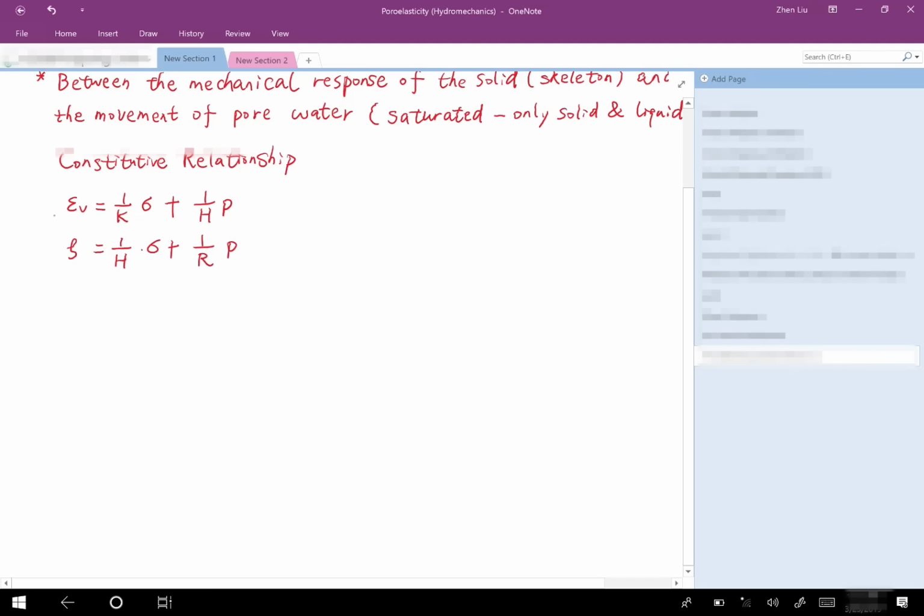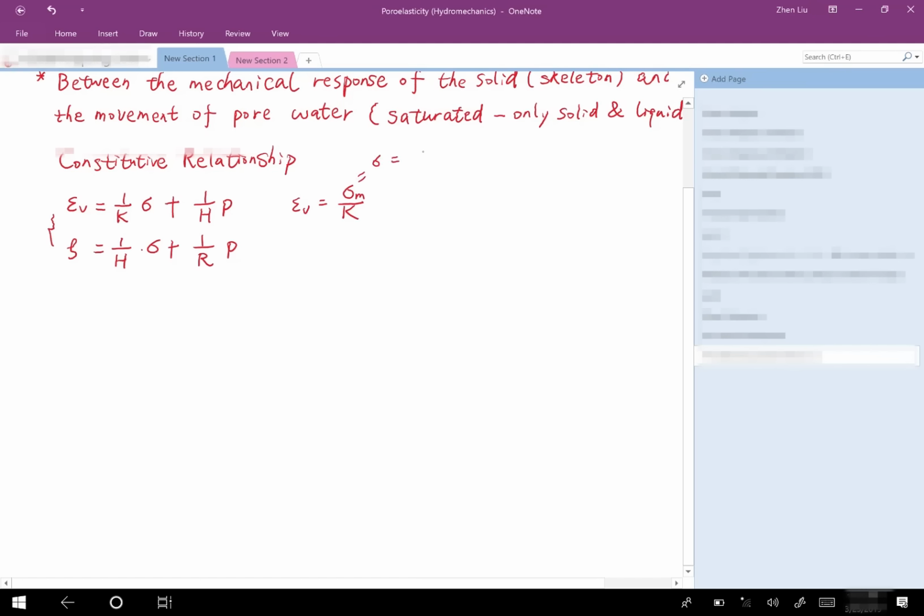So there are two. In the past, I introduced this before. If there's no fluid in it, in the past, we have this one: sigma V equals... this sigma here, in the past, we called it sigma M. So here we use a different symbol, but it's the same as sigma here.